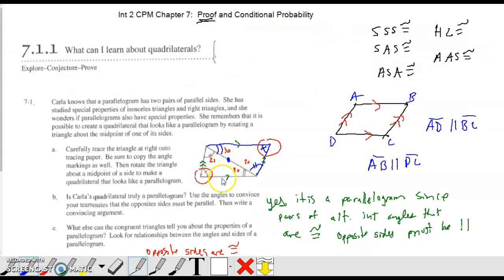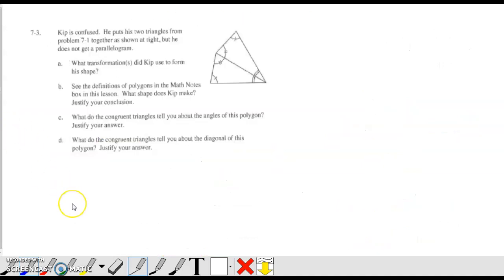What happens if I just flip this over this line? If I flipped it over this line, I would have created a kite, which is not a parallelogram. Okay, so what transformation did Kip use to create this shape from part one?